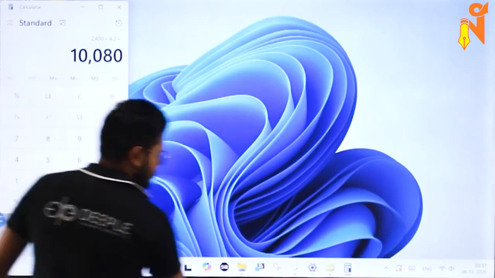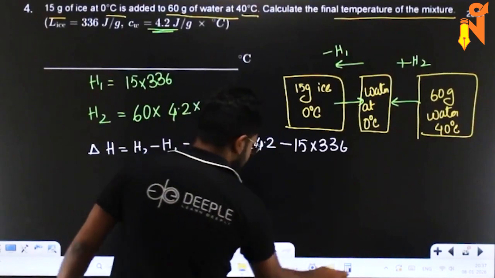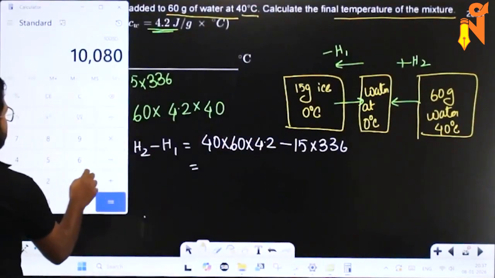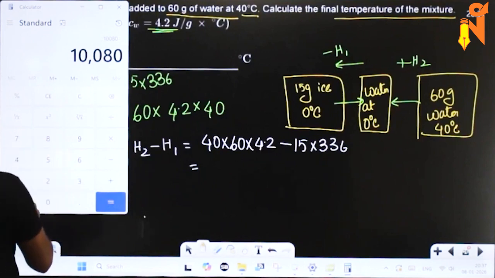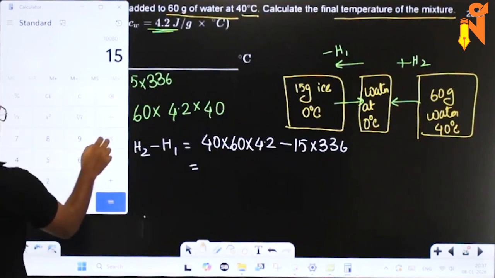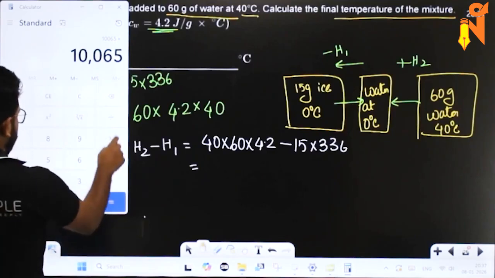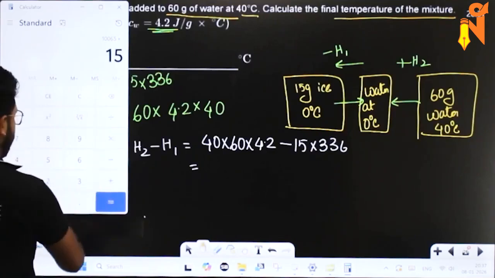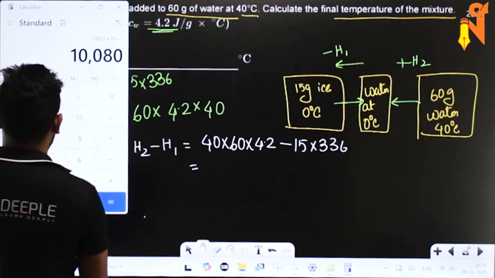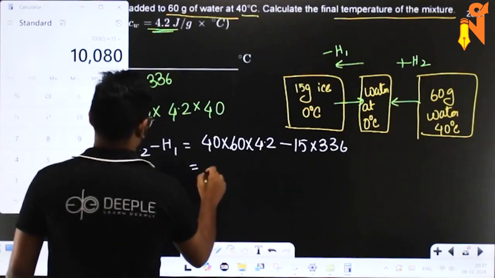10080. If I subtract that with 15 into 336, that thing doesn't work this way, so let me add it back to return to my result. 10080.